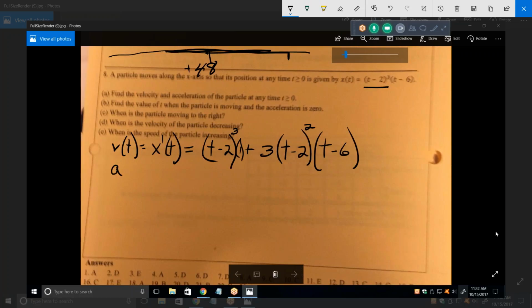Acceleration is what? Just the derivative of that. Okay, so it's the derivative of velocity.